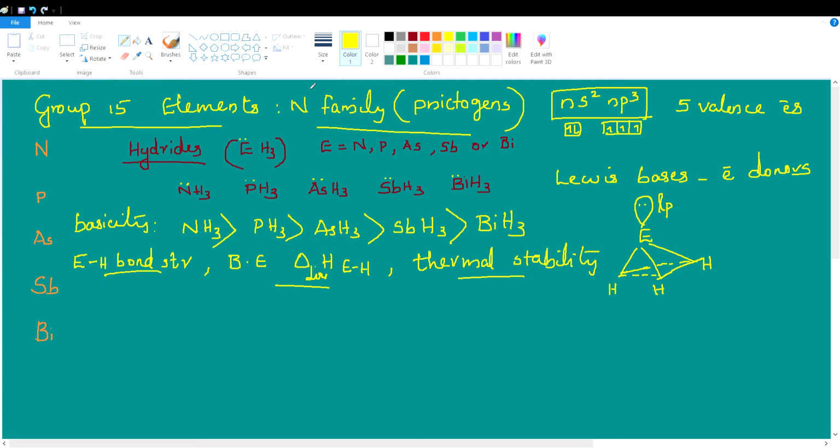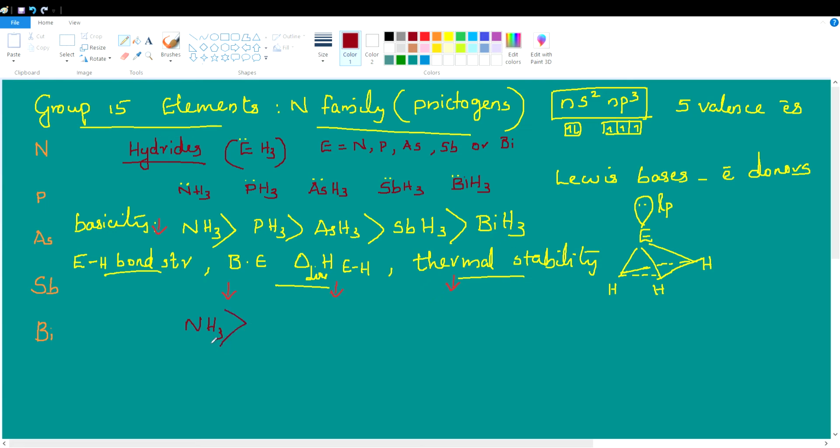So how does the bond strength, bond enthalpy or thermal stability vary? Bond strength down the group decreases. Bond enthalpy decreases. Thermal stability also decreases down the group. Means the same order as basicity. Basic character down the group decreases and these also decrease down the group. That is NH3, the bond is strongest.